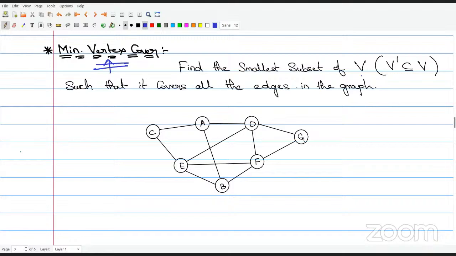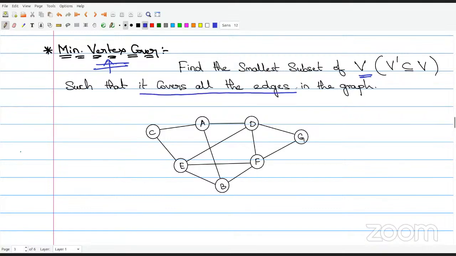Let's say V dash is the vertex cover, and that vertex cover is a subset of the vertex set. I have to pick a few vertices such that they cover all the edges in the graph.